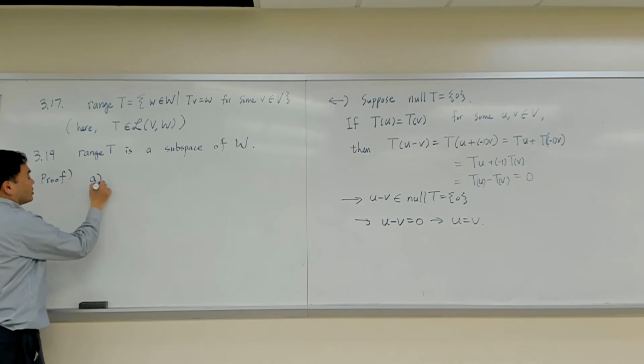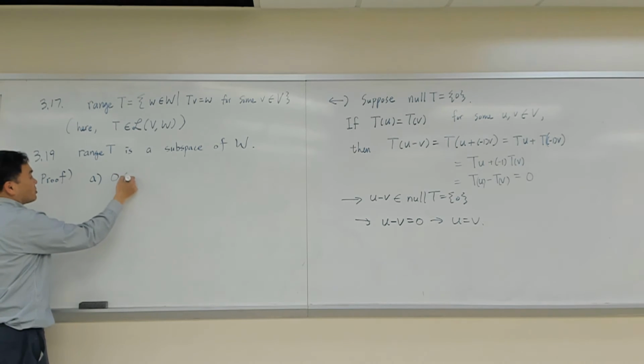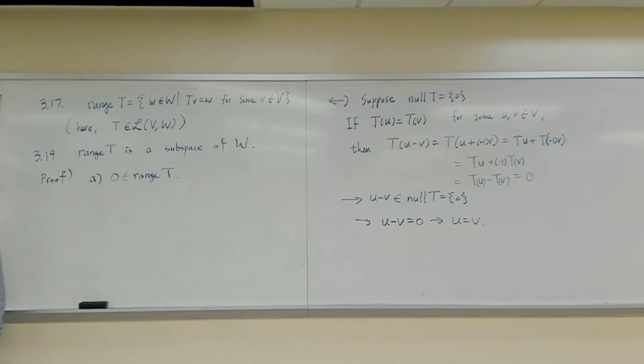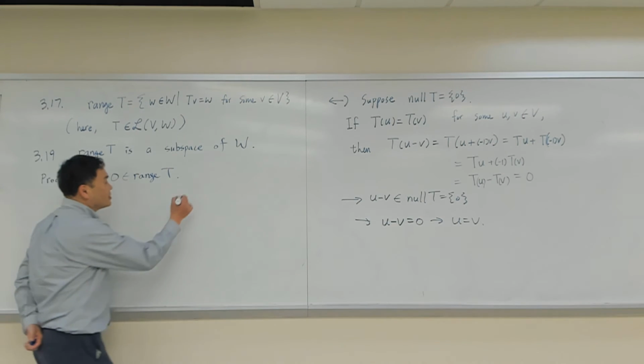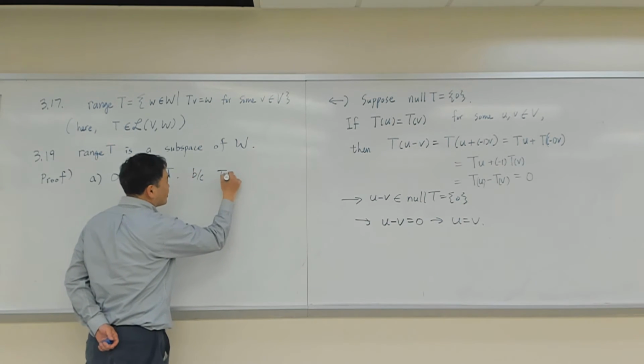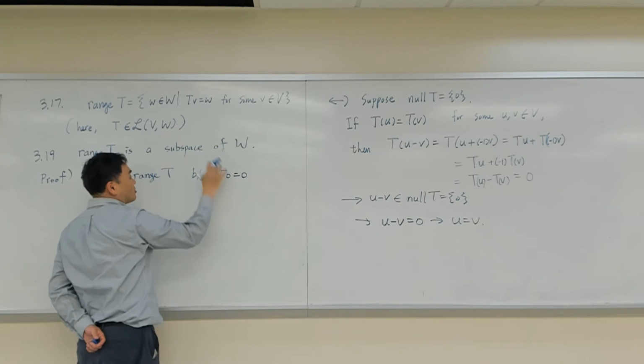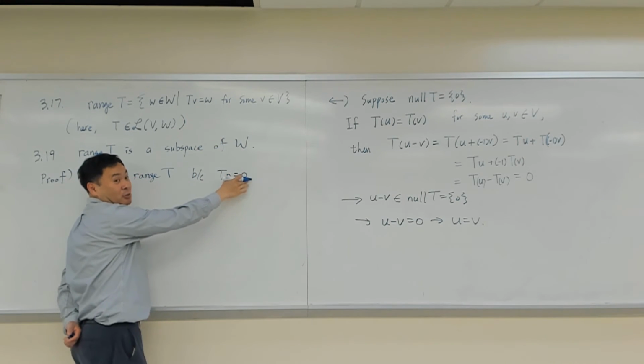A. How do we know that 0 is in the range of T? T of 0 is equal to 0? Yeah. So this 0 is in V, this 0 is in W, okay?